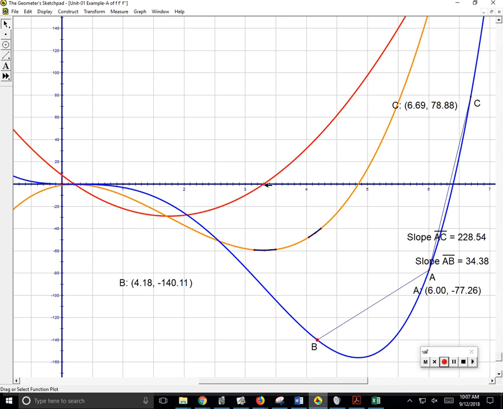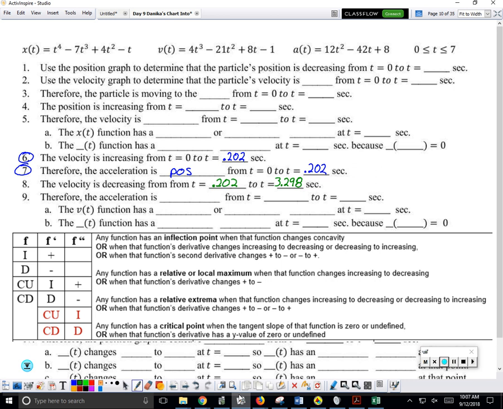Is that your question, Sarai? Yeah. Perfect. 2 points. Anybody else? Okay. Cool. Therefore, the acceleration must be negative for that same time frame. So there's nothing new to calculate there. It's just understanding the correspondence.